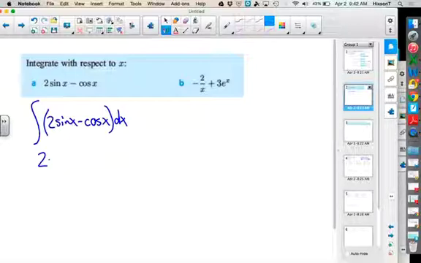So what is the integral of sine of x? Negative cosine. So we have a negative 2 cosine x. Now, minus, we can deal with the cosine. What's the integral of cosine? Sine. Plus c.